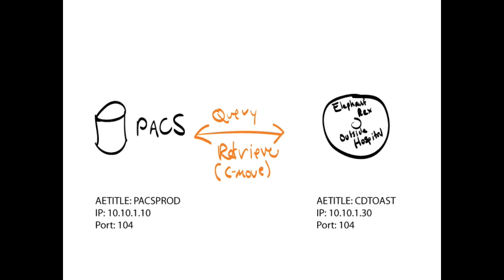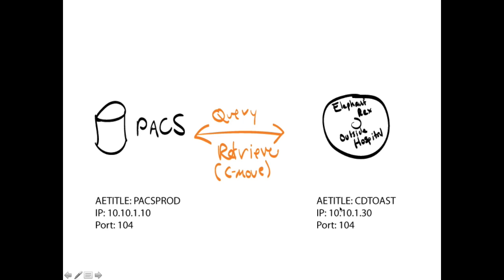Before Rex leaves the hospital, he stops by the film loan and would like to have a copy of his images to take back to his doctor. So the CD burner in the film loan department performs a query retrieve operation.